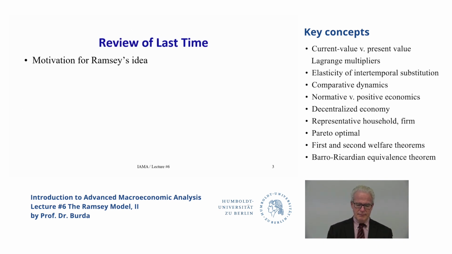Last time we motivated Ramsey's idea by thinking about a situation where a planner could conceivably choose many different allocations or policies or plans with the objective of making the residents or the inhabitants of this economy as best off as possible.